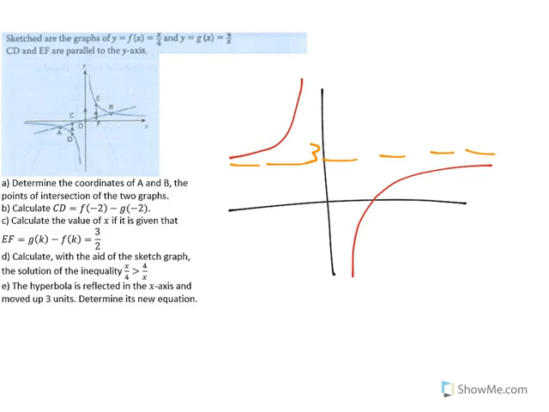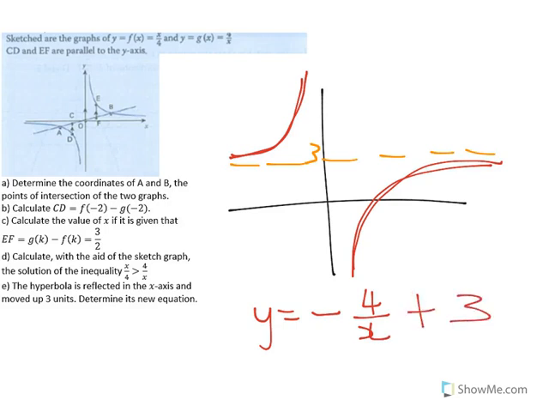And so in terms of steepness, once again, the steepness is still going to be the same as before, except there's now a negative aspect to it as well, because your hyperbolas are now living here and no longer living here. Right, so our equation is going to be y is equal to negative 4 over x, and then it moved up by 3 units, so that would be plus 3.